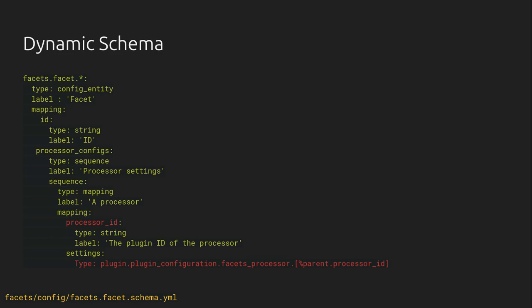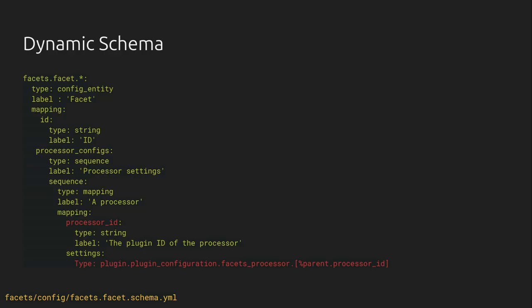So we've expanded a bit on this facets schema. It has this ID that we saw earlier. Then it also has processor configs. Facets is a thing where you can define some processors on it, and they end up doing multiple things.